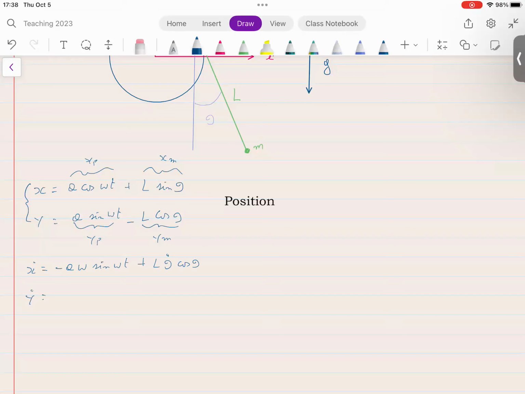And y dot is similarly a times omega cosine of omega t, derivative of the first term, minus L times the derivative of the cosine, which is minus the sine, therefore plus L theta dot again, sine of theta. So far, I hope this was not too difficult.